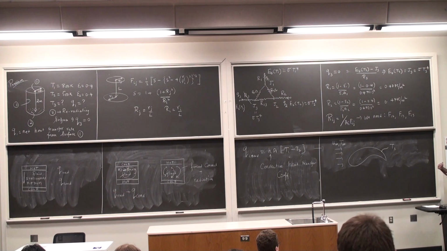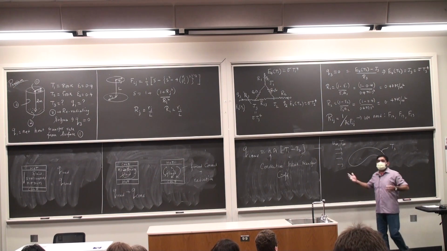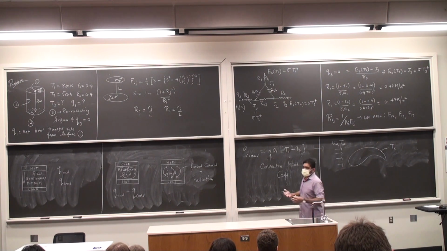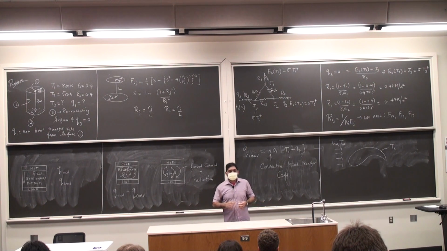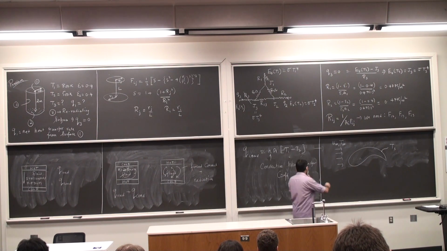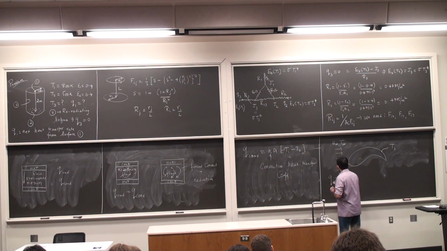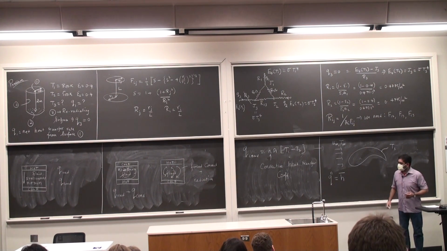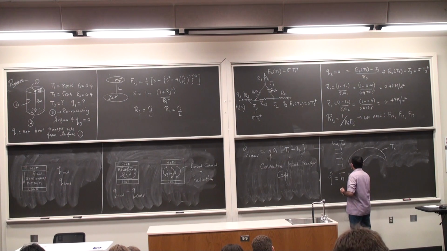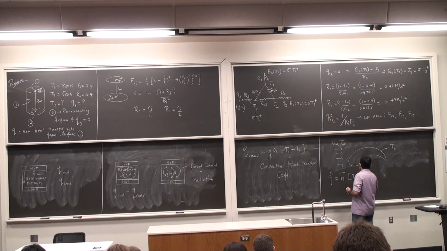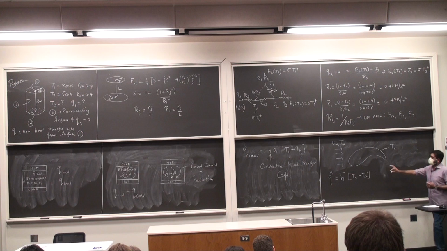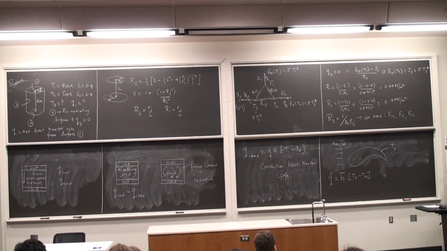I can apply Newton's law to the entire airfoil, assuming that the surface temperature of the airfoil is greater than the ambient temperature. Here is Newton's law of cooling: Q is h bar, let's say flux, per unit area, h bar times (Ts minus T infinity). This is the convective law applied to the entire airfoil.